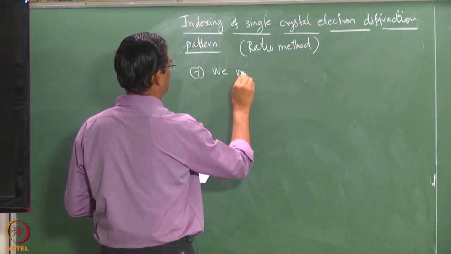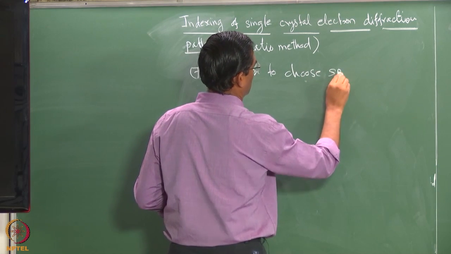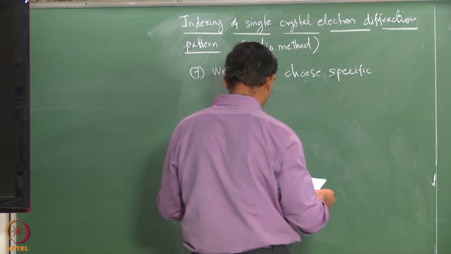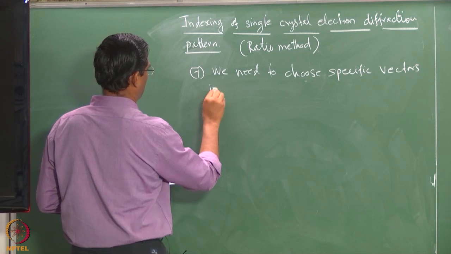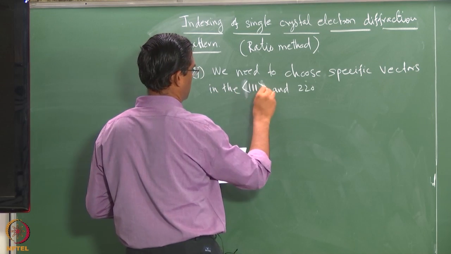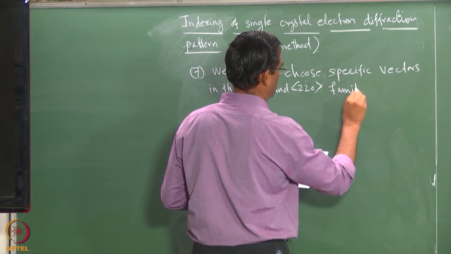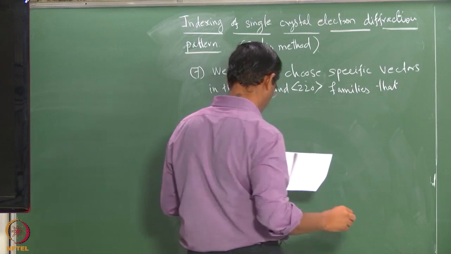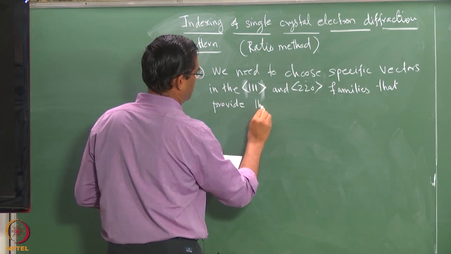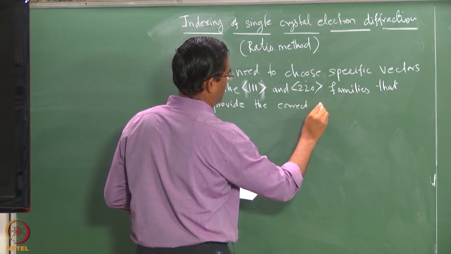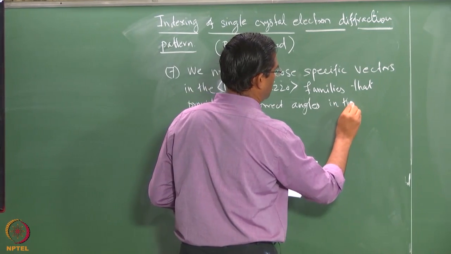We need specific vectors in the 2 families that provide the correct angles in the diffraction pattern.